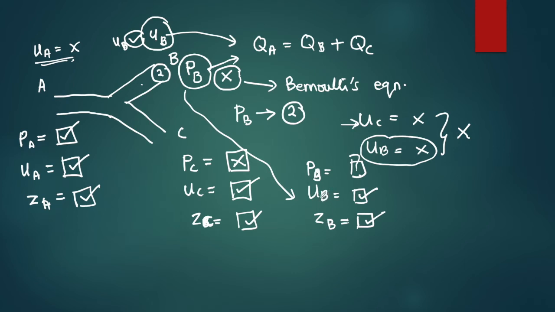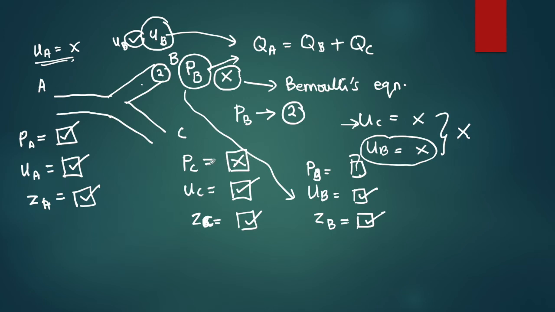Next, we have to choose point number 1, either point C or point A. Please choose the point where there are fewer unknowns.